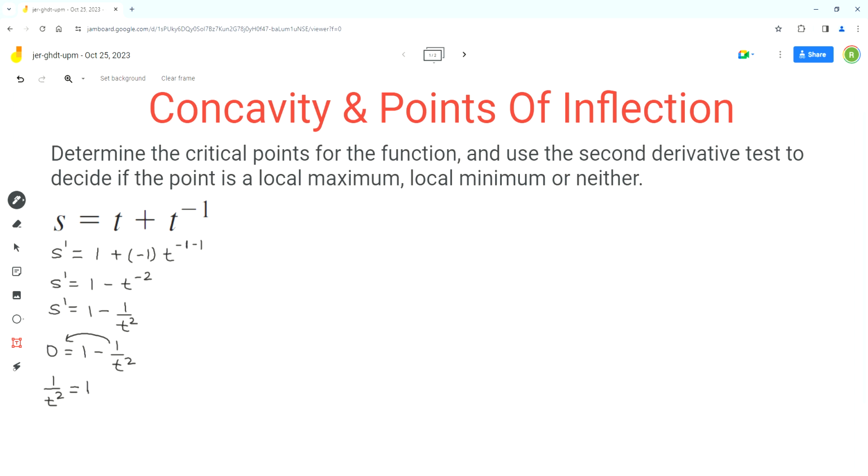Now we can cross multiply the denominator. So 1 times t squared is equal to t squared. And now we can apply the square root to both sides to convert t squared to just t. On the right side, the square root and the square cancel each other out. So we get t equals plus minus 1.